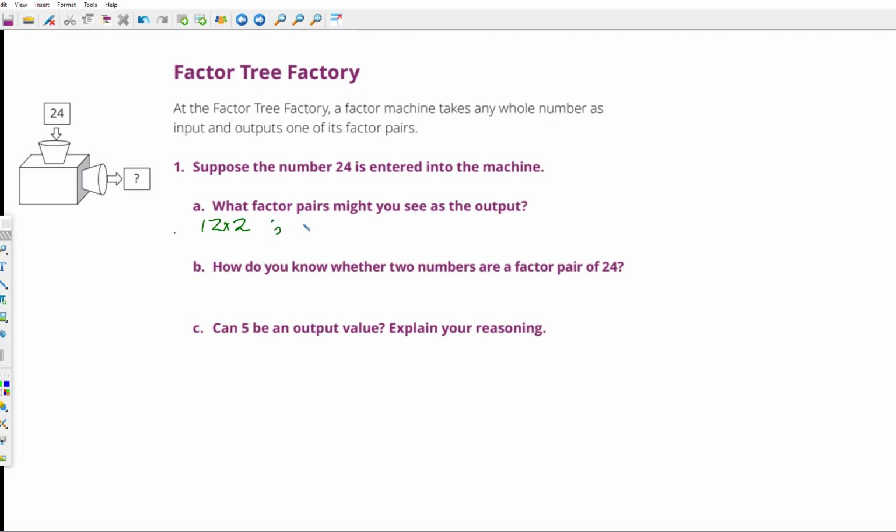What's another set? 8 and 3. 6 and 4. 24 and 1. Is there any other ones? No. I mean, you could have reversed them, but we've understood that that's the same thing as this.